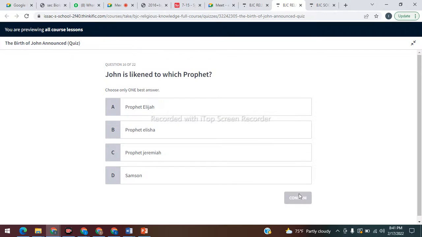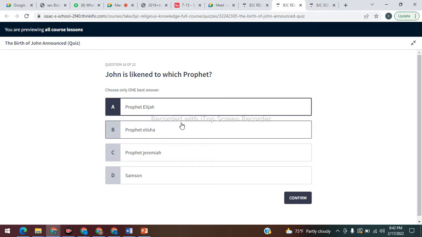John is likened to which prophet? Prophet Elijah. Hold on. Jeremiah or something. I know, I read it. Hold on, we don't know this one. C or D?